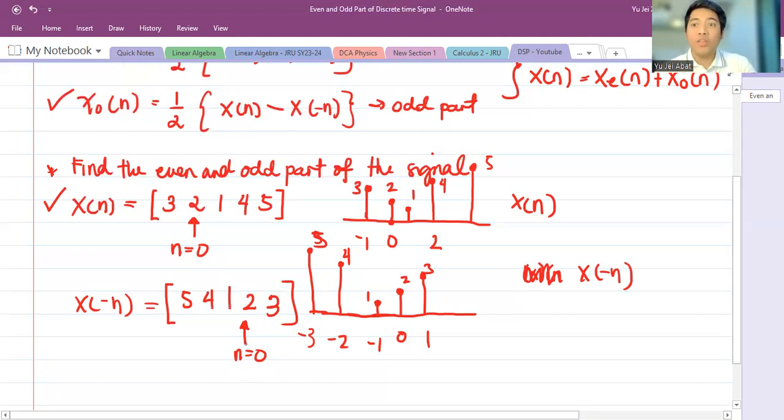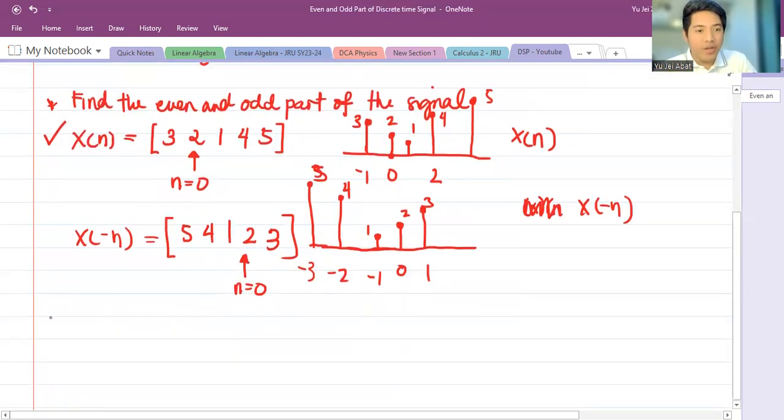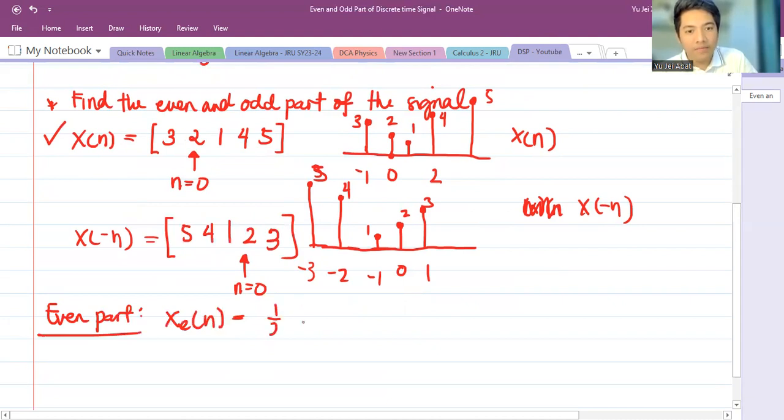So why do we need to get that? Because in the equation for the even part, we use x e of n equals 1/2 of x of n plus x of negative n for every value of n. So we have x of negative n here.